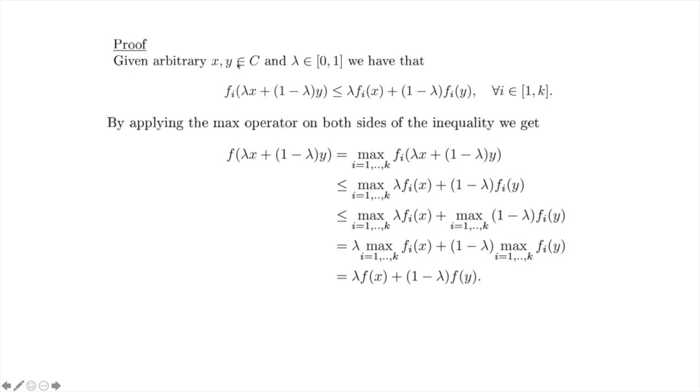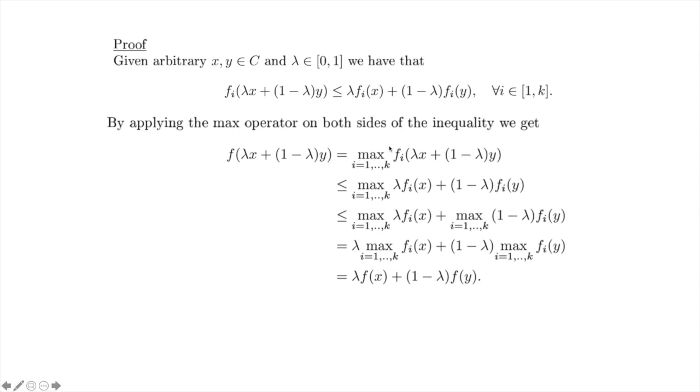For every x and y in C and lambda between 0 and 1, we have that for every i between 1 and k, fi of lambda x plus 1 minus lambda y is smaller or equal to lambda fi of x plus 1 minus lambda fi of y. That is because all of these functions are convex.